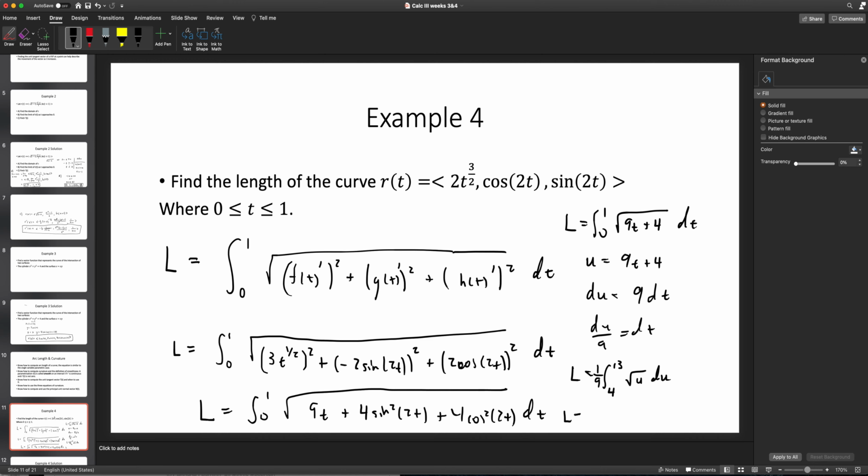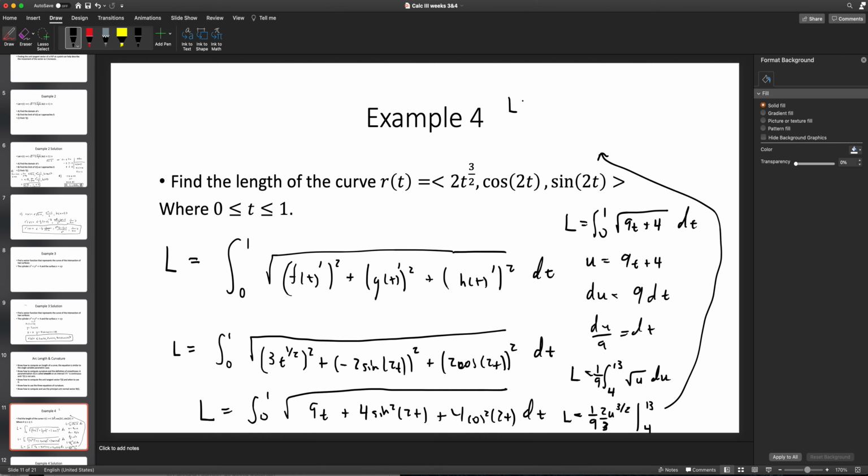So we can just try to compute this real quick. We get u to the 3/2, so 2/3 u to the 3/2 evaluated from 4 to 13. That's just a matter of computing this.